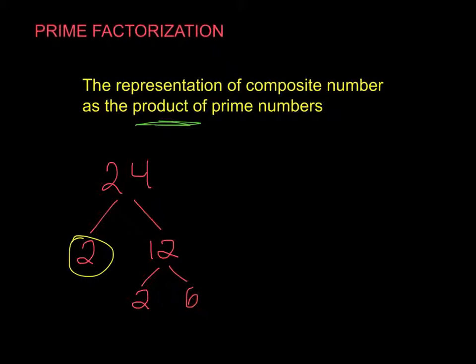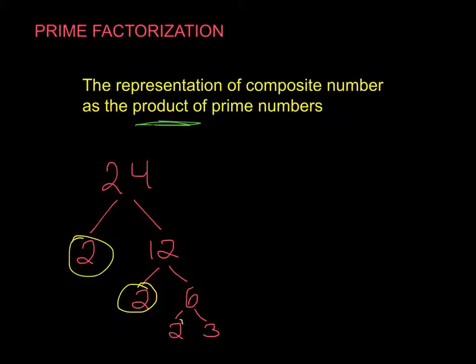Or I can say what times 2 equals 12, and I know that's the number 6. Again, 2 is a prime number. I'm going to come back and break down the number 6 because it's still even. So I'm going to divide it by 2. 6 divided by 2 equals 3.